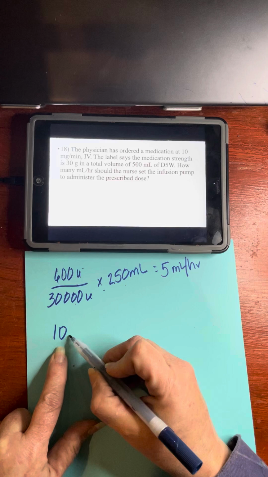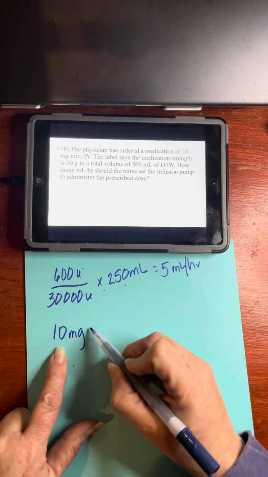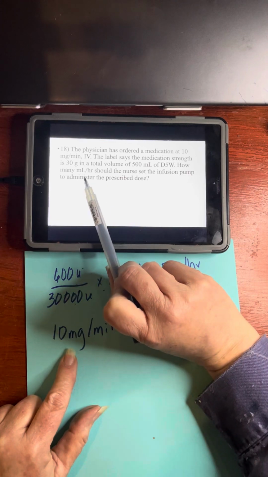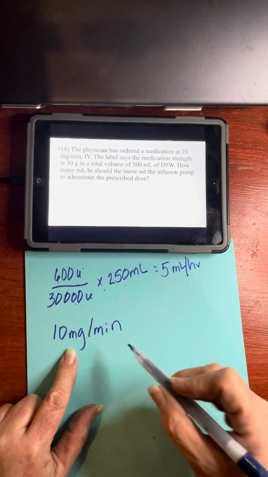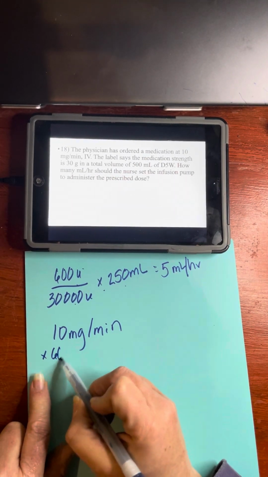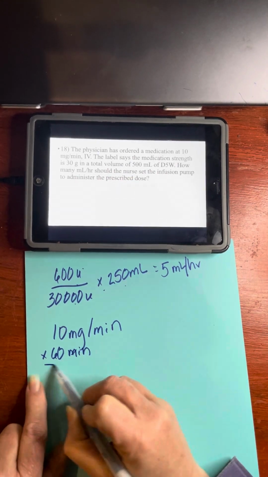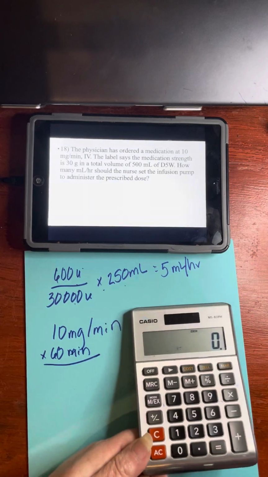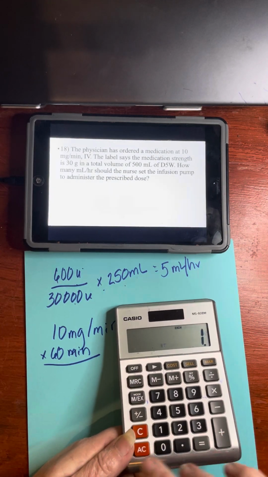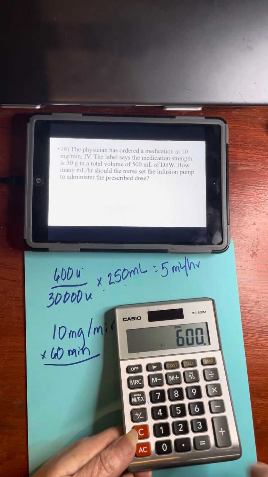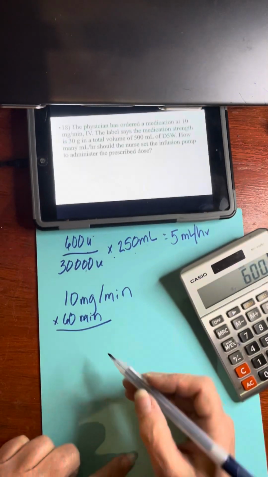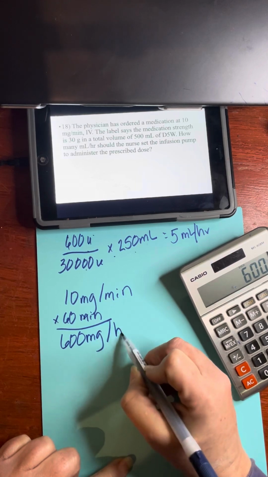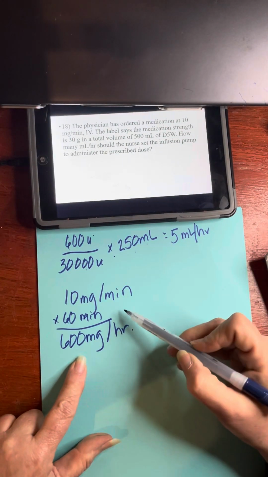Well, what he wants it to go at is 10 milligrams per minute. But look, we got to set that sucker at per hour. So I'm going to multiply this times 60 minutes. And we're doing it. Come on, do it with me. I believe it'll make us closer. 10 times 60 equals. That's going to be 600 milligrams per hour. You see that? Yeah, we just did that.